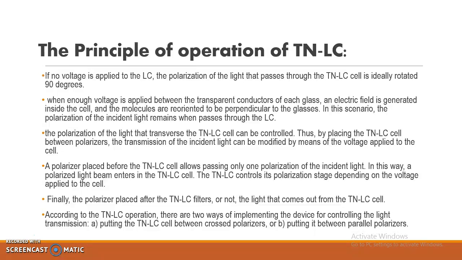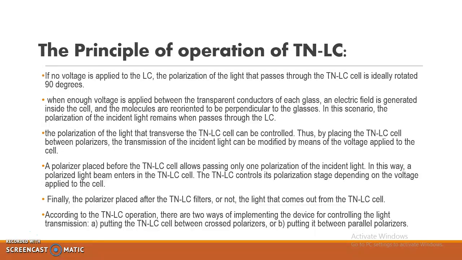When enough voltage is applied between the transparent conductors of each glass, an electric field is generated inside the cell, and the molecules are reoriented to be perpendicular to the glasses. In this scenario, the polarization of the incident light remains when it passes through the LC, which is liquid crystal. The polarization of the light that traverses the TNLC cell can be controlled.